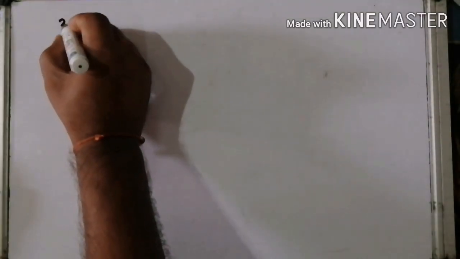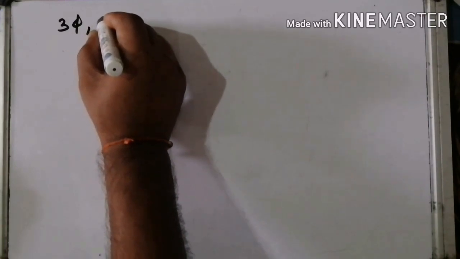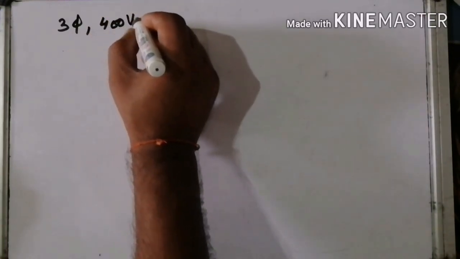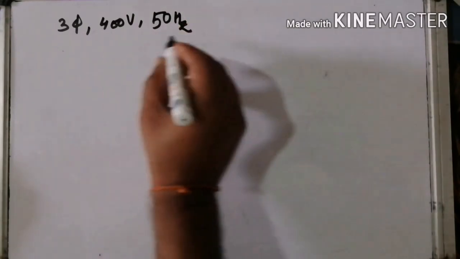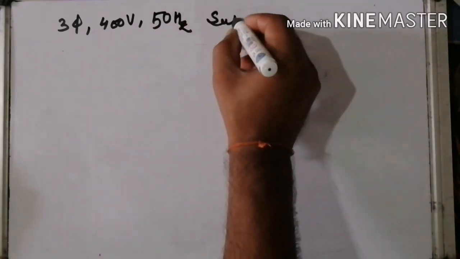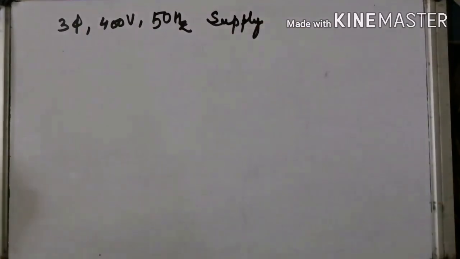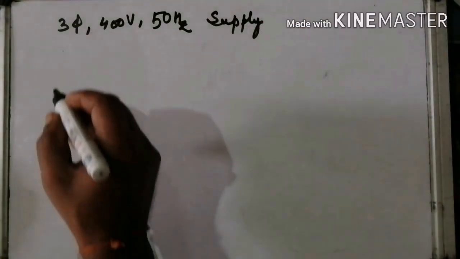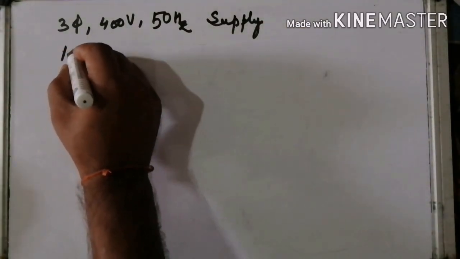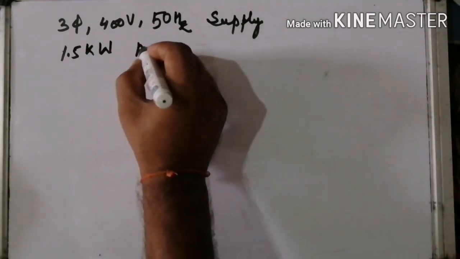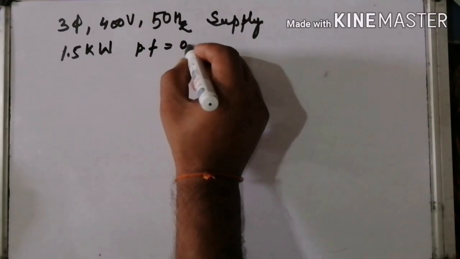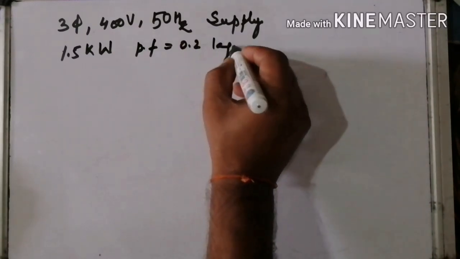Now see the numerical. Here some data is given for the three phase, that is 400 volt, 50 hertz. These are the data for the supply, and the power consumption by the load is 1.5 kilowatt, with a power factor of 0.2 lagging.